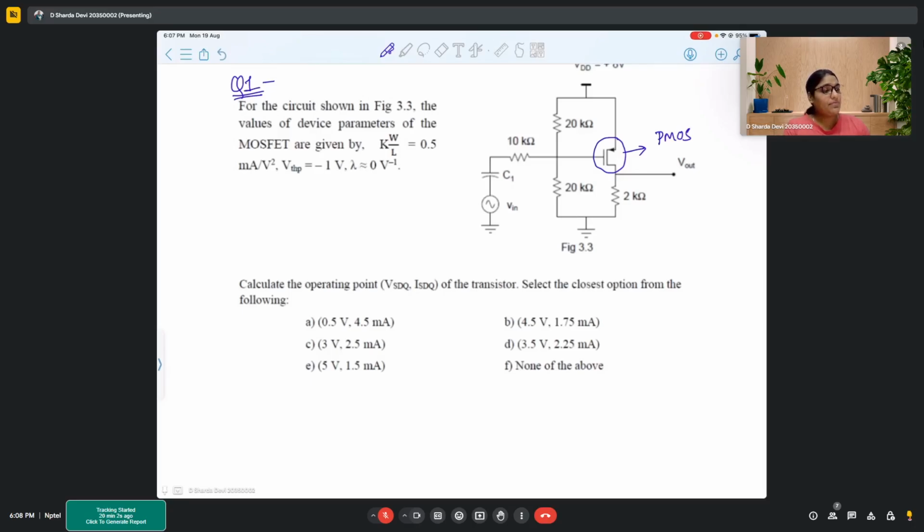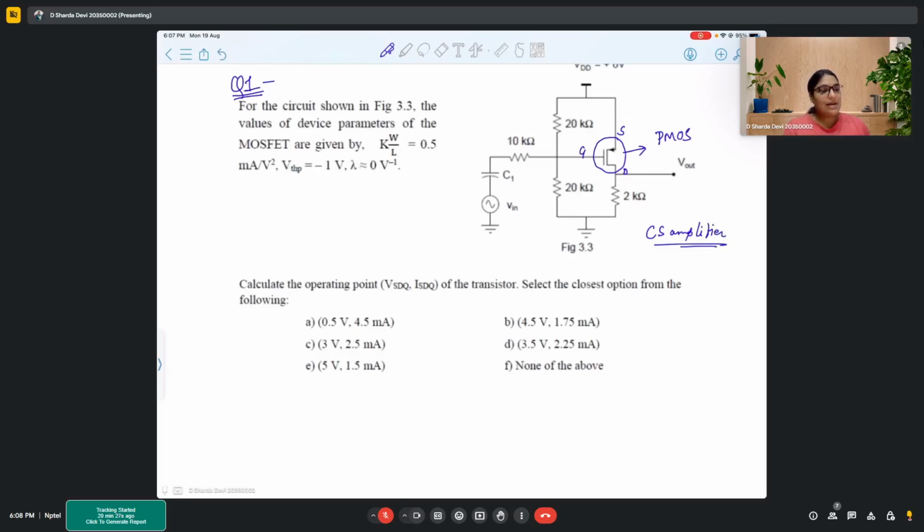Now, since it is a PMOS, we know the source terminal is at higher potential compared to the drain terminal, and this is the gate terminal. Since the input has been given to the gate and output is taken from the drain, this is a CS amplifier, correct?